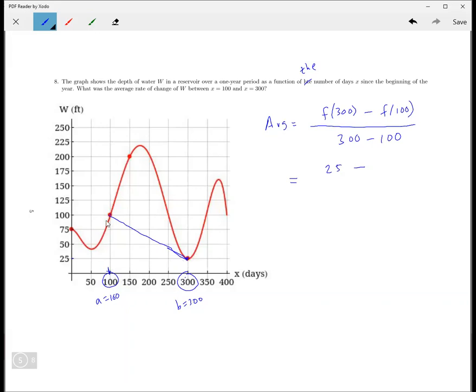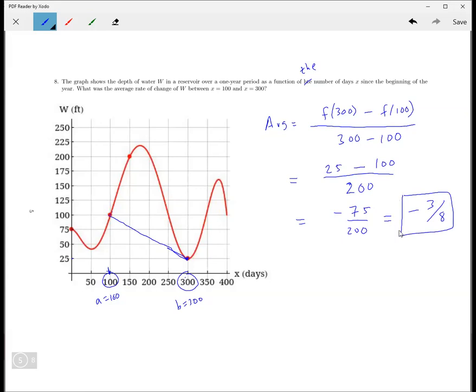F of 100 is 100. And then 300 minus 100 is 200. Okay, so you got negative 75 over 200, which simplifies to about negative 3/8. Okay, so that's the answer, negative 3/8 feet per day.